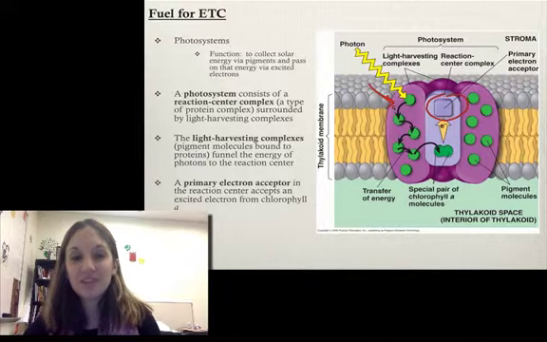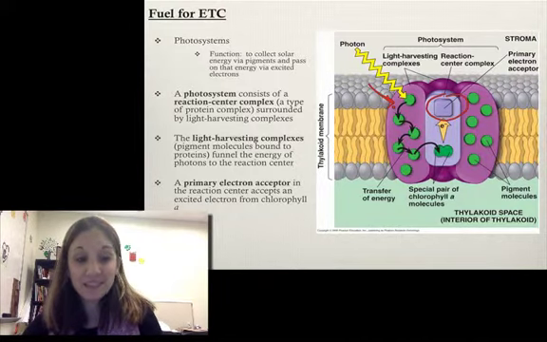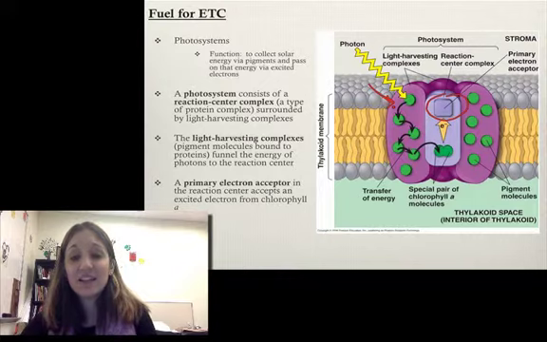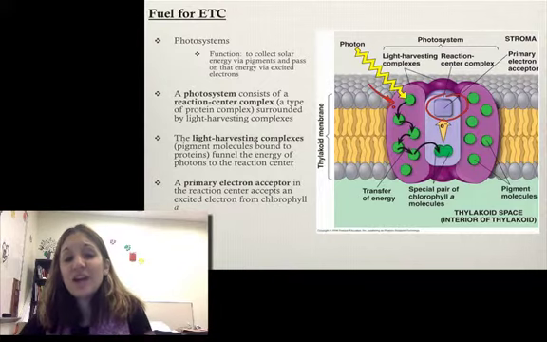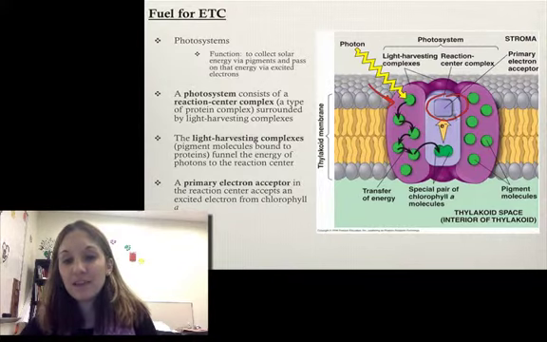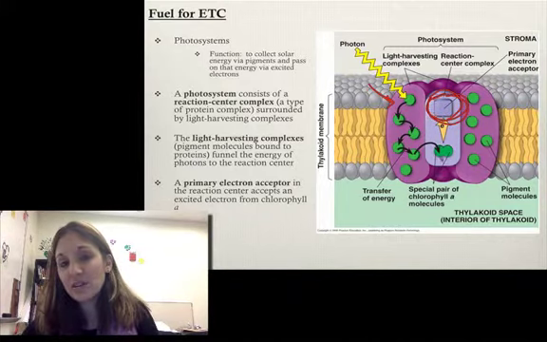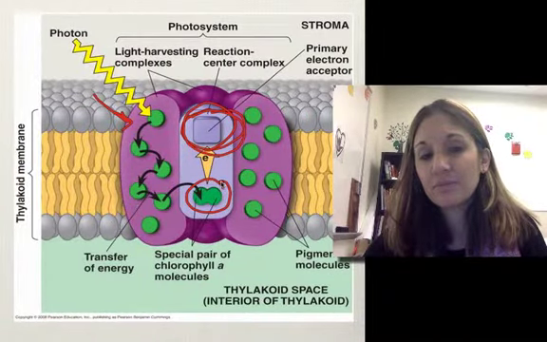These pigment molecules are really going to take the energy from the sunlight and transfer it to this reaction center. The primary electron acceptor that's found here in the reaction center complex is going to accept the electrons from this special pair of chlorophyll A molecules here.